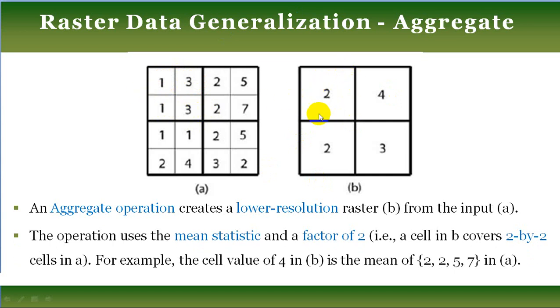So those 4 pixels were combined to create a lower resolution, larger size pixel. Their value is assigned based on the mean statistics. So in this way, we often prepare a lower resolution raster from a higher resolution raster using the raster aggregate operation.